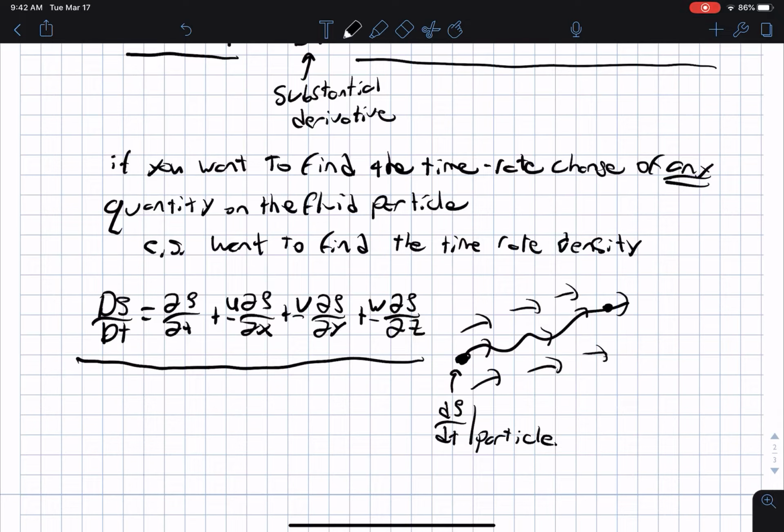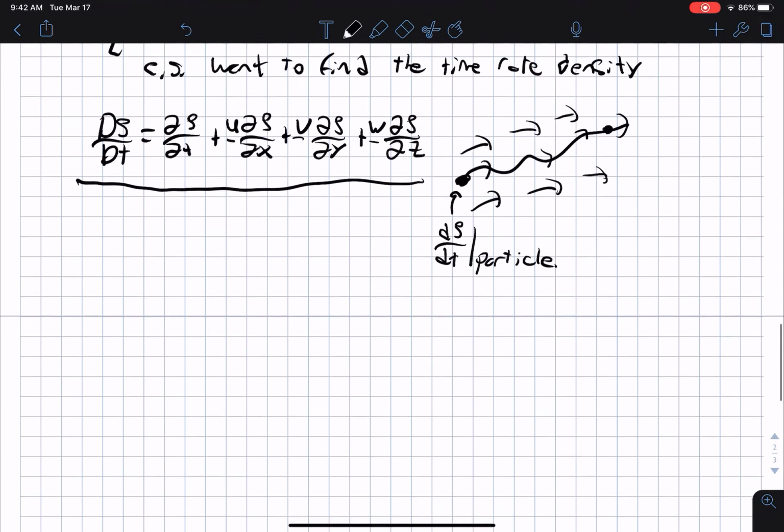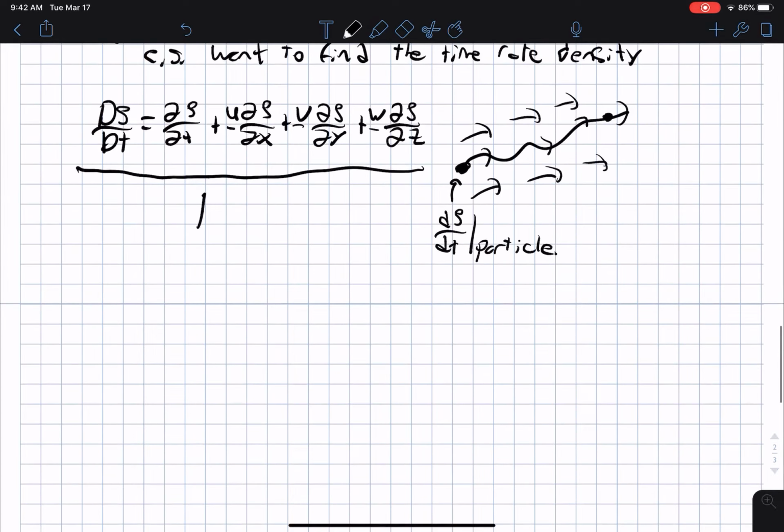Okay, and this formula here is valid for 3D Cartesian coordinates. Okay, so what about other coordinate fields?